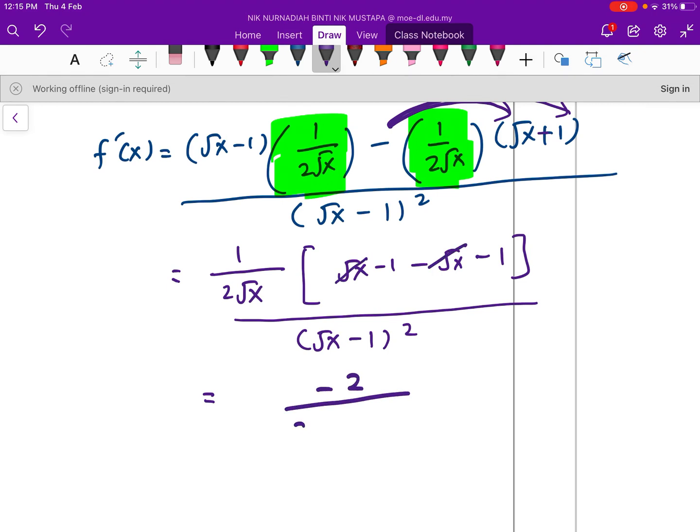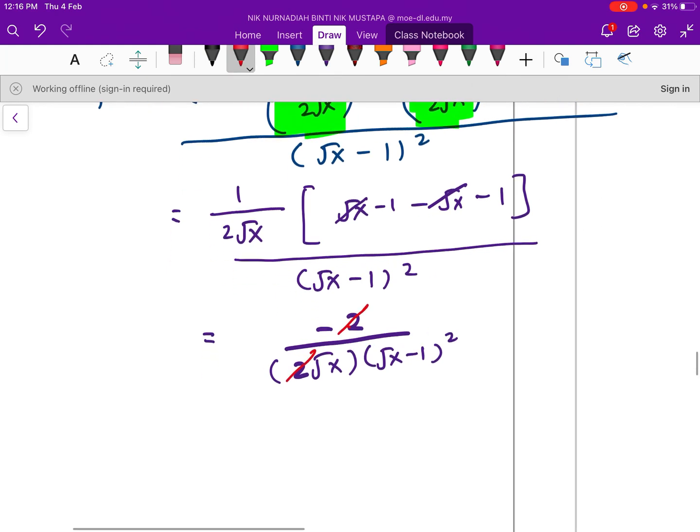So yang tinggal hanyalah negative 2 per 2 set x. Okay, set x minus 1 square. Okay, dua-dua ni pun boleh mati juga kan. So dia akan jadi negative 1 over set x, then set x minus 1 square.